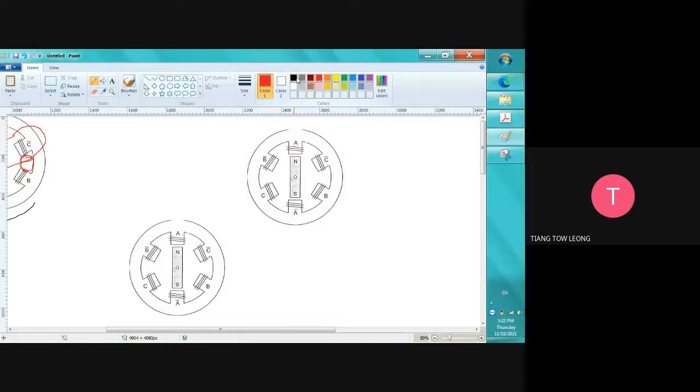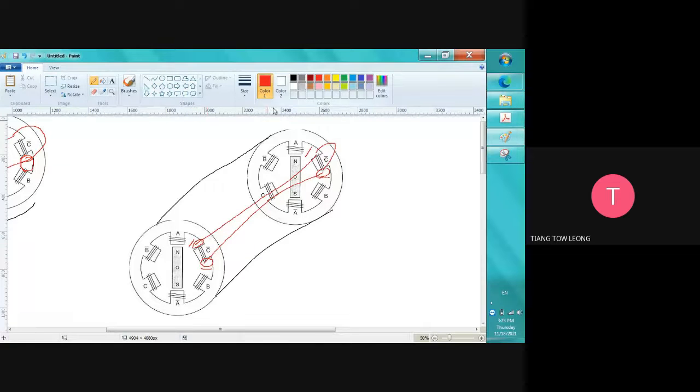Another one, let's say this is 1 motor. Another one is 2 layer, which means we divide into 2. So I coil this one to half of it first. I coil here and then go back, come out, and then it will come out here.